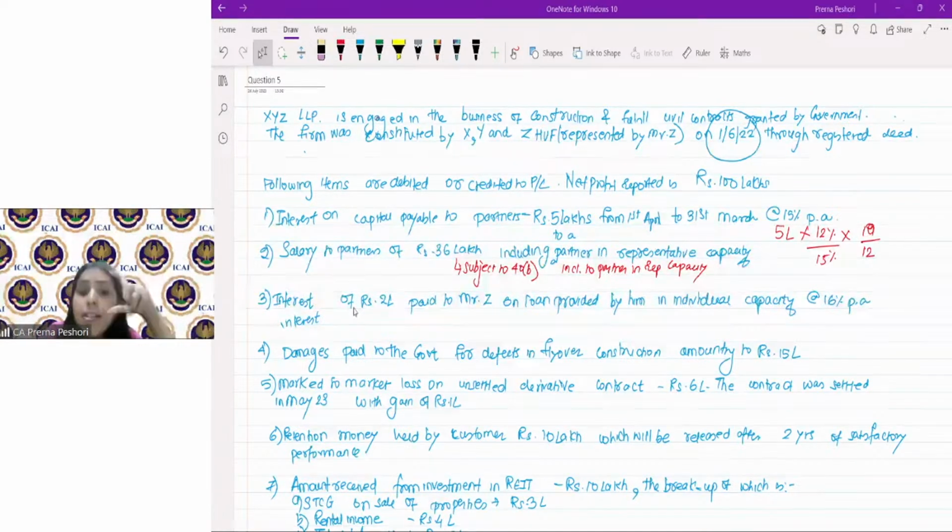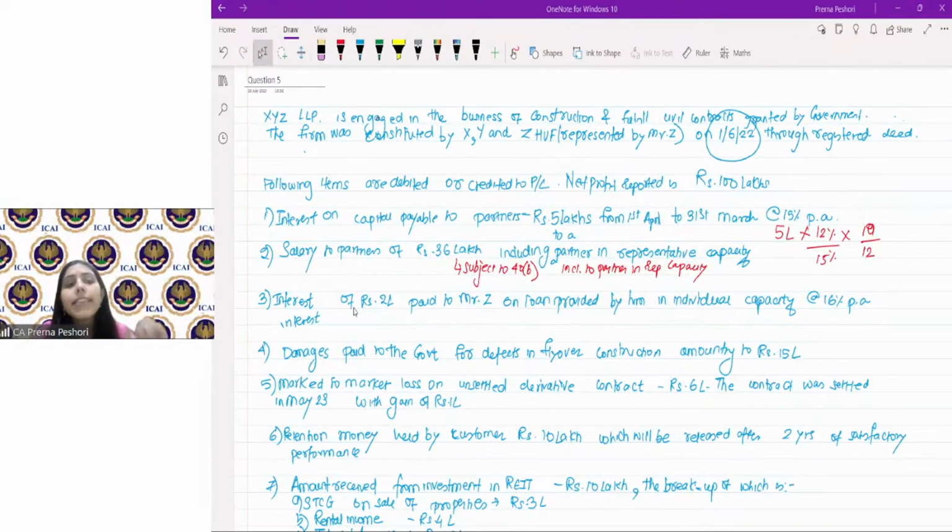Yes, Shanvi, representative capacity, but he's getting salary as the partner only in a representative capacity. So that will be subject to the limit under 40B. He's not a partner in individual capacity. Yes, Kaushiki, correct.